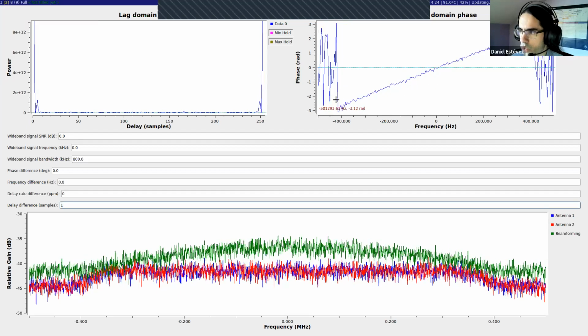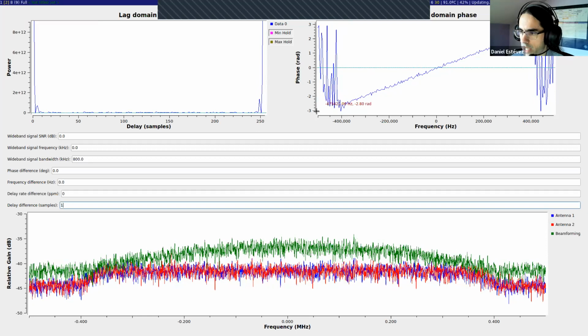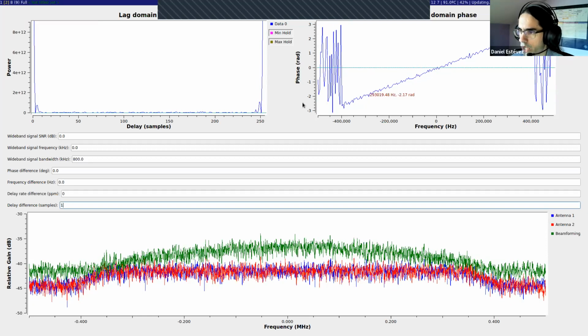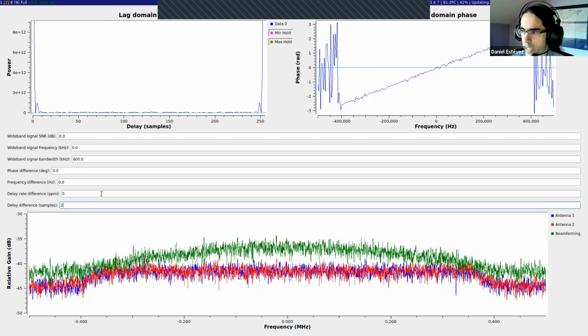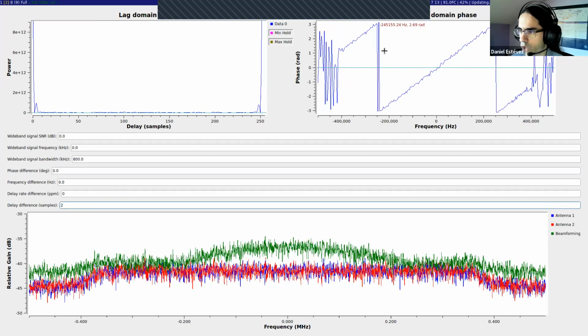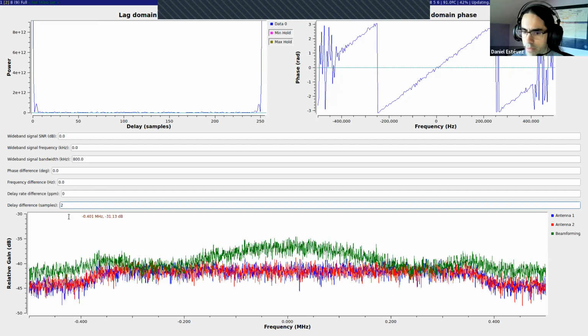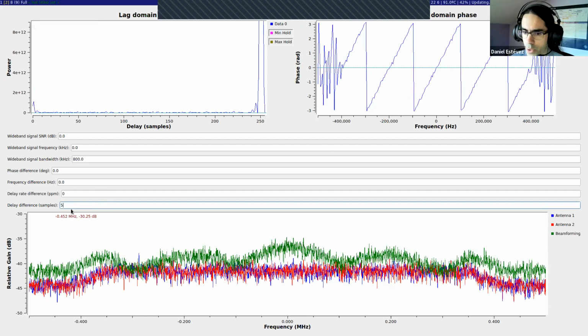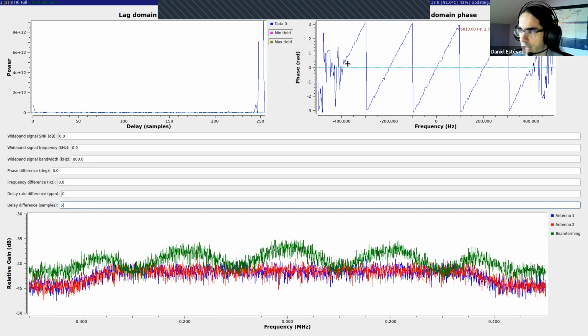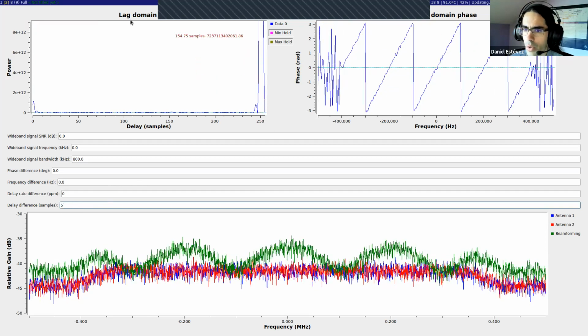So this is called one phase wrap. It basically goes a full turn when you move across the spectrum, and that means 1 sample. If we have 2 samples, then 1 wrap, 2 wraps. We have 2 wraps, and if we have 5, well, we have 5. So we can directly read the delay from here.